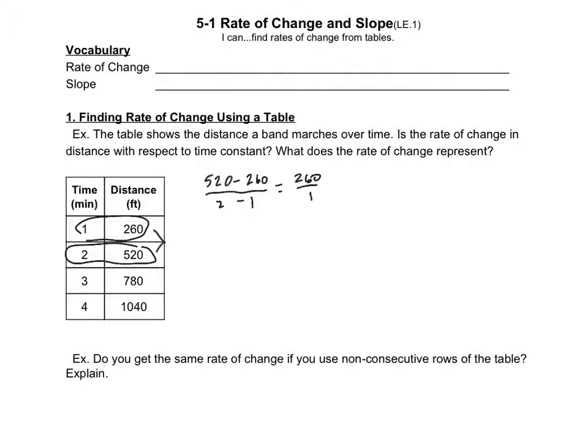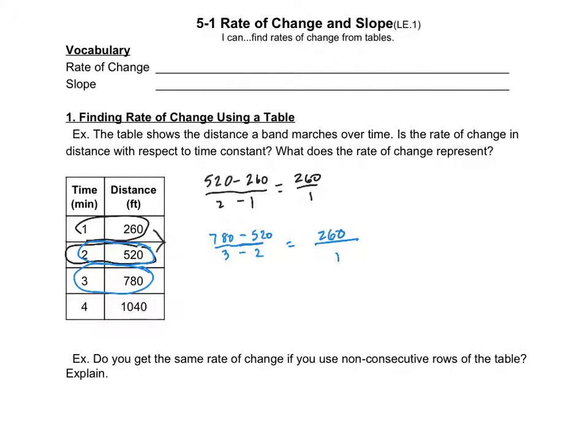Now if I take two more points, 780 and then 520, I have 780 over 3 minus 520 over 2, and I am going to have again 1 in the denominator and 260.